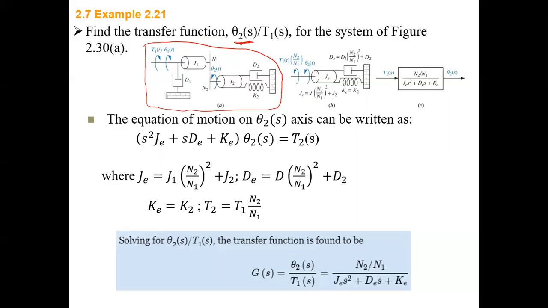So I want to go to theta 2, right? Because that's my goal. Theta 2 is the goal. That's why I want to reflect from left to right. Everything from the left goes to the right. Okay, that's my goal. So when I do that, I'll start with this equation, right?